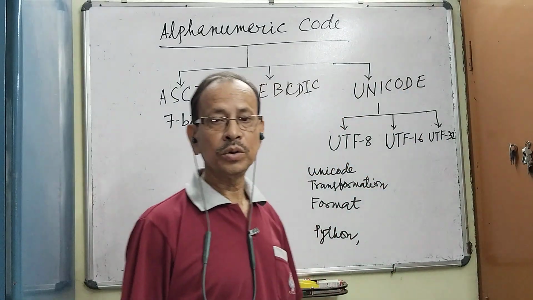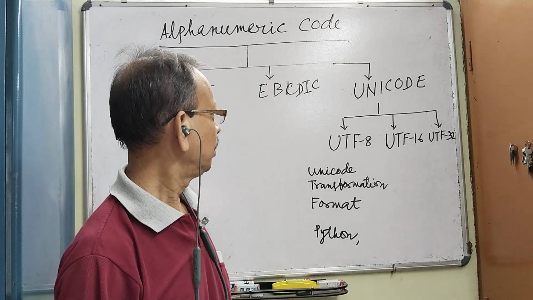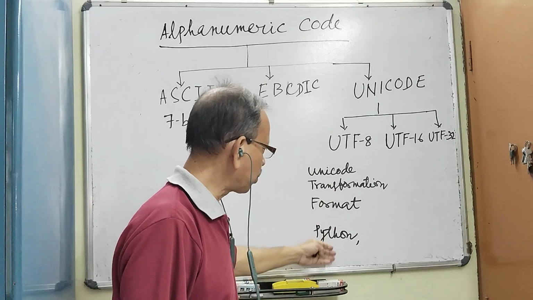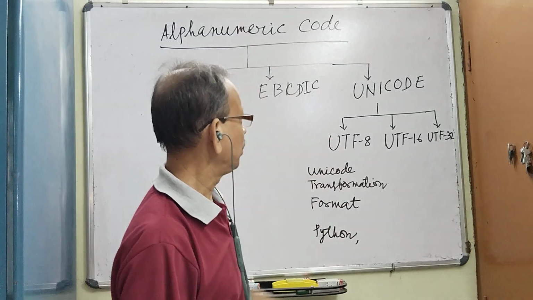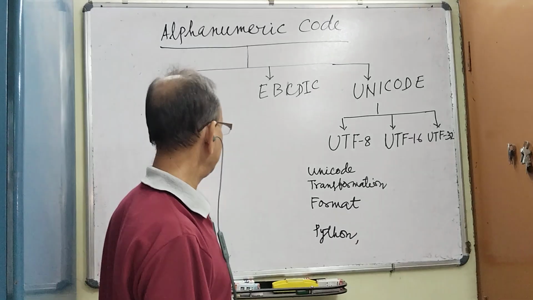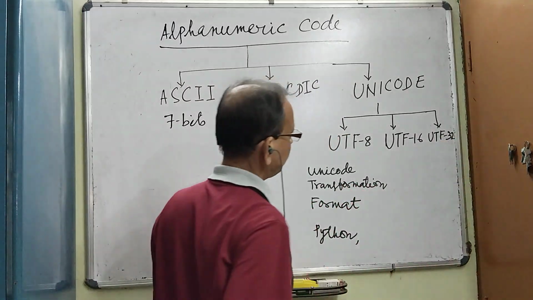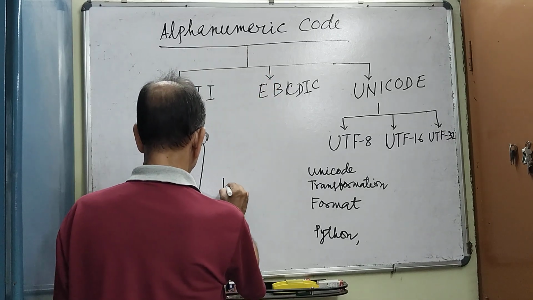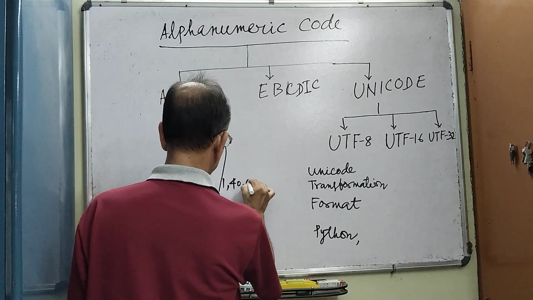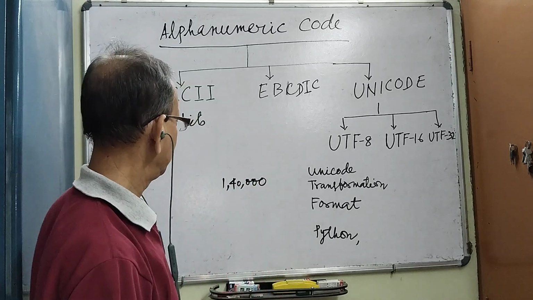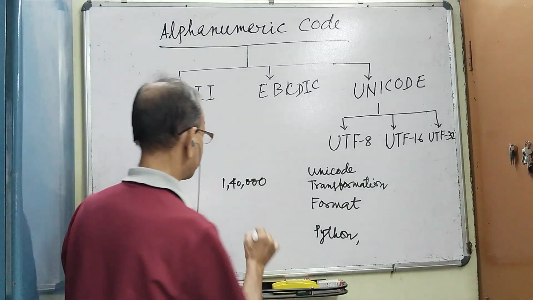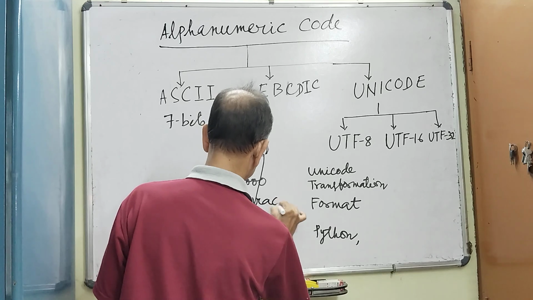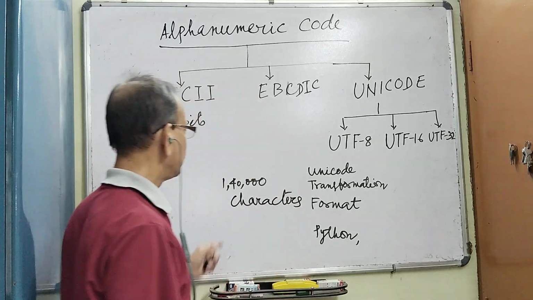This is the latest code, and maximum use UTF-8. Different computer programming languages use this code, and approximately in UTF-32 there are 1,40,000 characters.